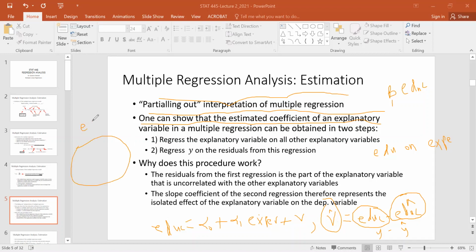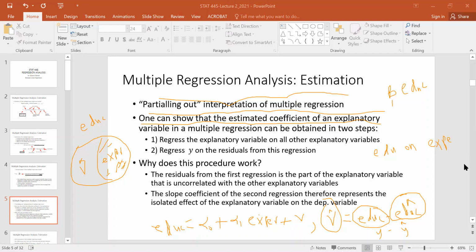Let's say this is education, the big variable. Part of it is also explained by experience. I want to throw this part away, and I'll be left with something else, which is the V hat. So this V hat is actually part of education which has nothing to do with experience.